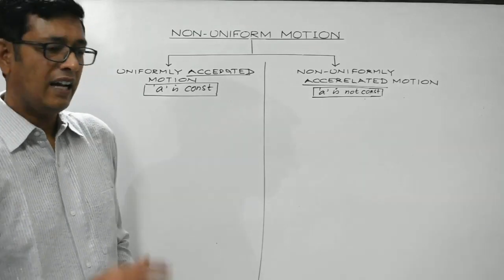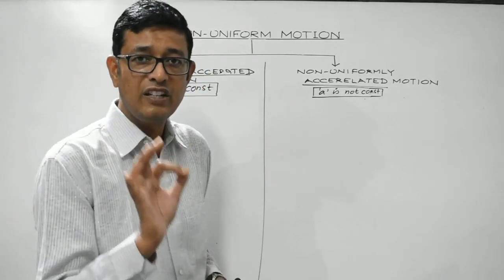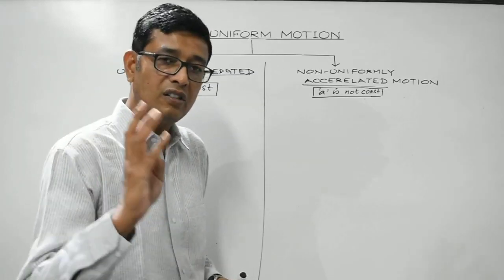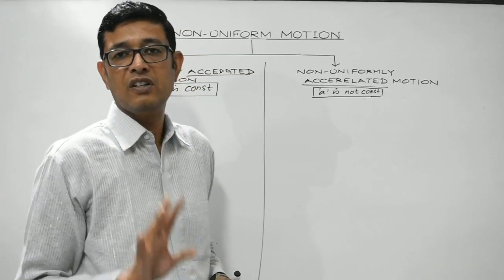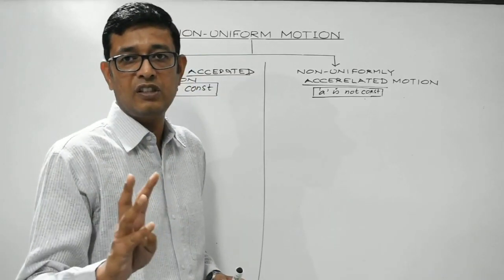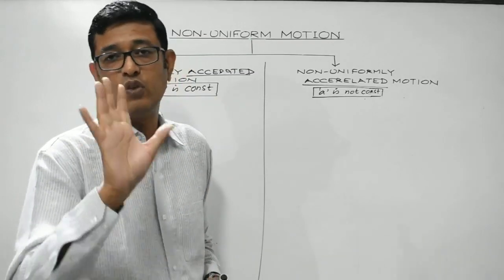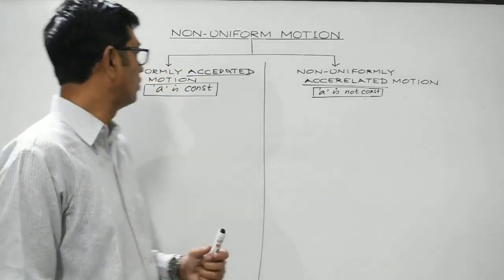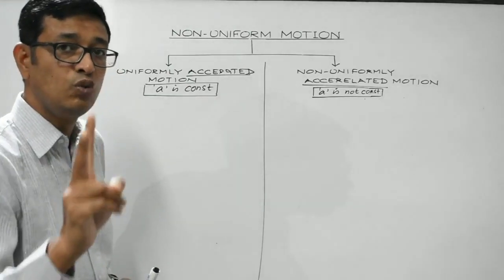Clear? And as I told you, in order that the velocity changes, either its magnitude or the direction of motion, or both should change, right? So velocity is a vector quantity. Here we are dealing with the one-dimensional case. So uniformly accelerated motion can further be categorized into two types.